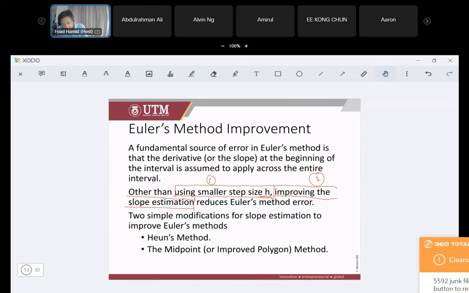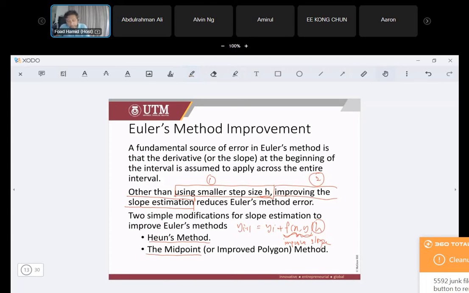So we know that y(i+1) equals yi plus f(x,y) times h. So we are done with h. Now it is time to improve this slope. In the textbook, it talks about two methods, which are Heun's method and the midpoint method.